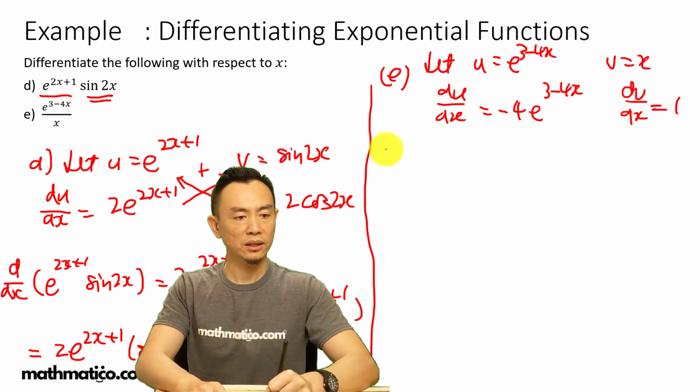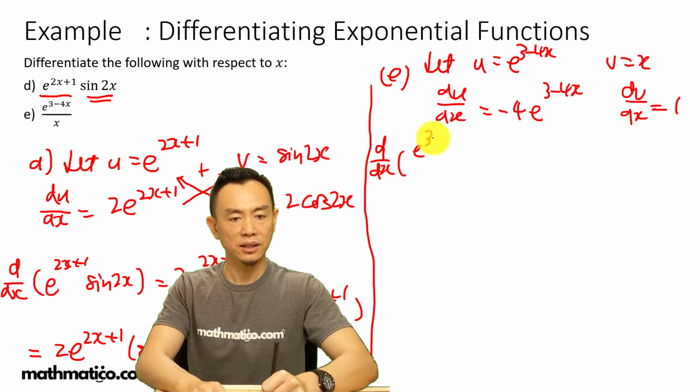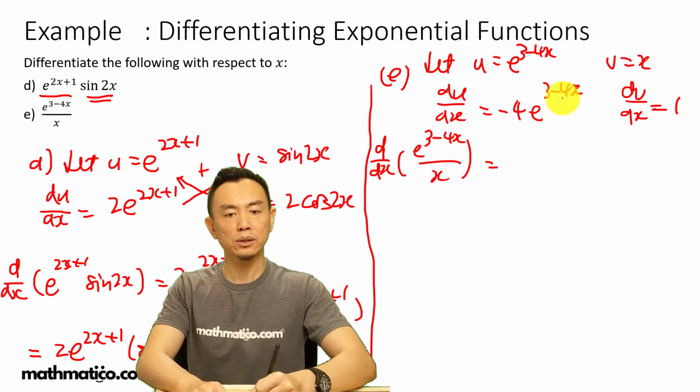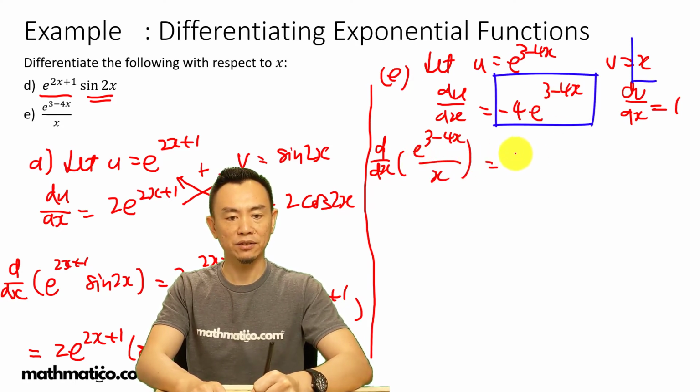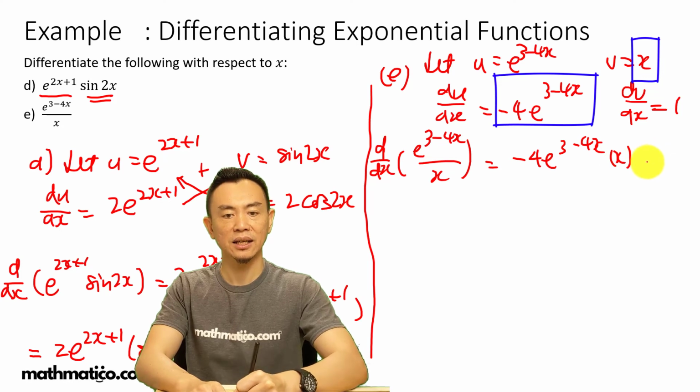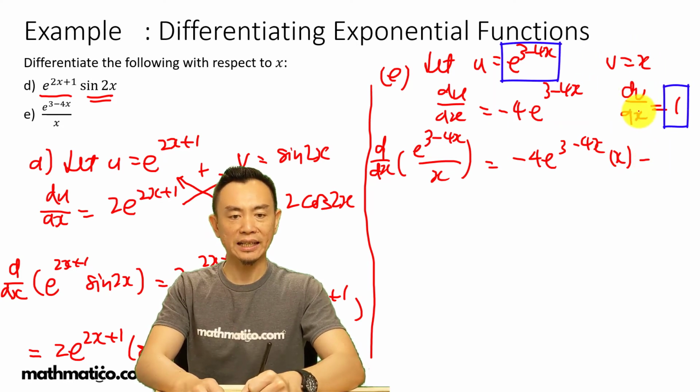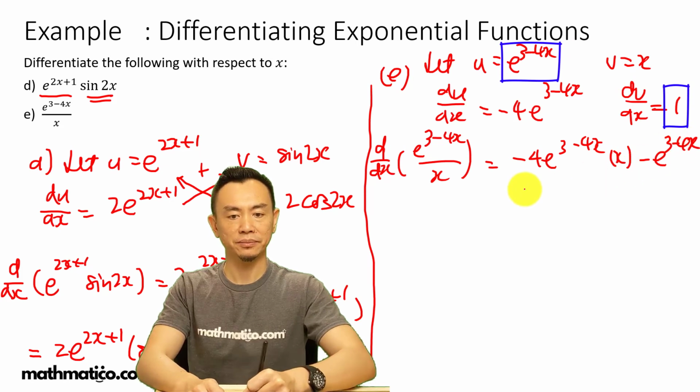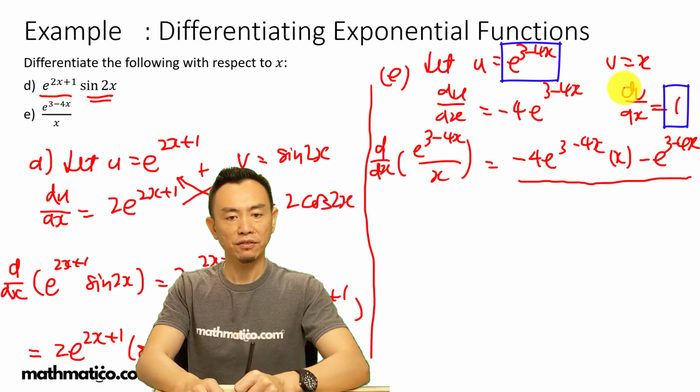So the quotient rule, the d dx of e to the power of 3 minus 4x over x is equal to, differentiate the first times second, negative 4e to the power of 3 minus 4x times x, minus, differentiate the second times first, e to the power of 3 minus 4x, divided by x squared.